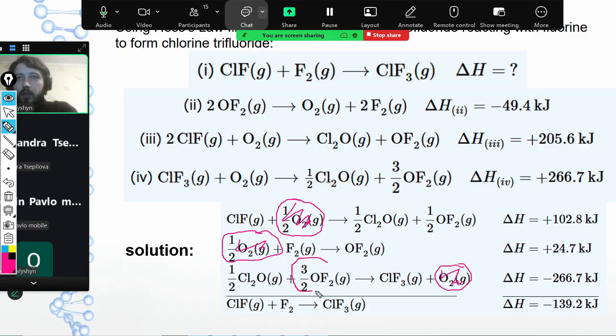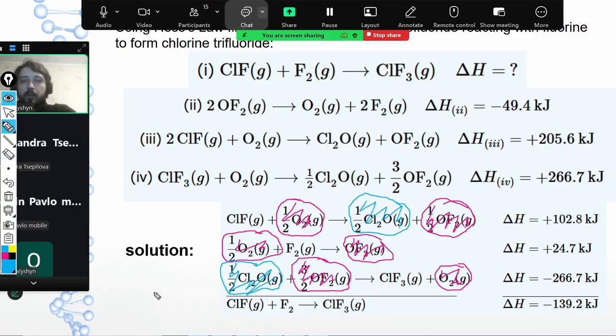I have three halves of OF2, and I have 1/2 OF2 here and 2 halves of OF2 here. So they are basically cancelled out. Okay, anything else? One half of this chemical and 1/2 of this chemical. They are cancelled out.